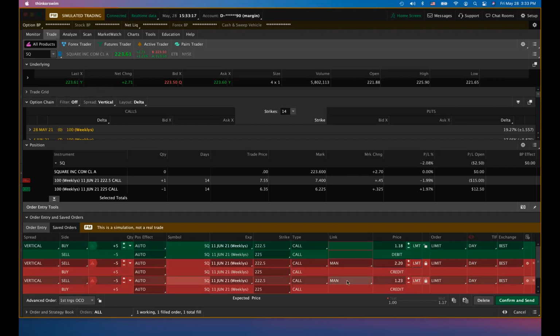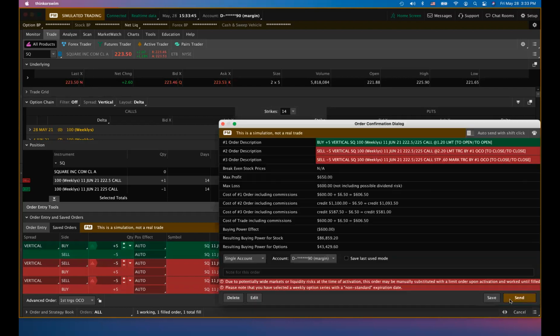And then my risk management leg is the third one, and I'm saying here that if this spread were to lose value and it goes down to 0.6, then I should come out, and this should be turned into a stop, right? So now I have 3 orders set up. Let's go ahead and lock this at 1.20. Lock that in. Confirm and send.